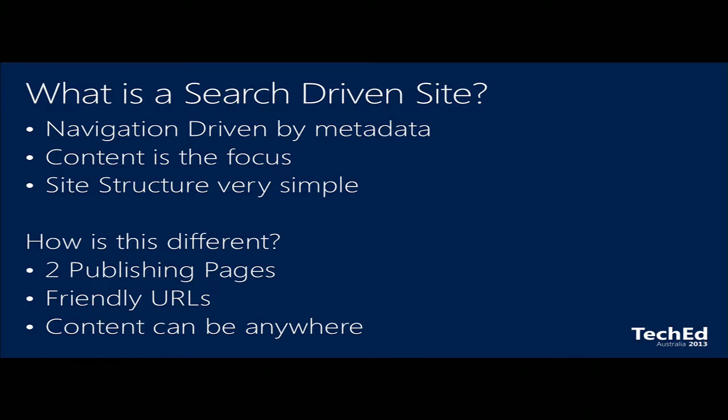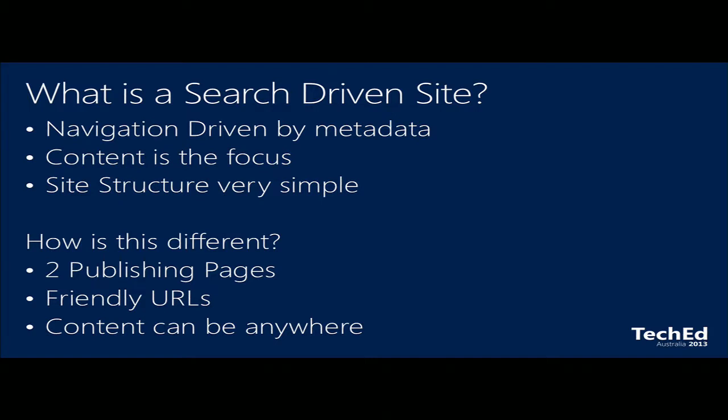What we're going to be looking at today, search-driven websites, we can create our content and all the technology that we already know and love, such as content types, site columns, and term sets, are all still relevant. SharePoint 2013 ships with a new site template called the product catalog template.